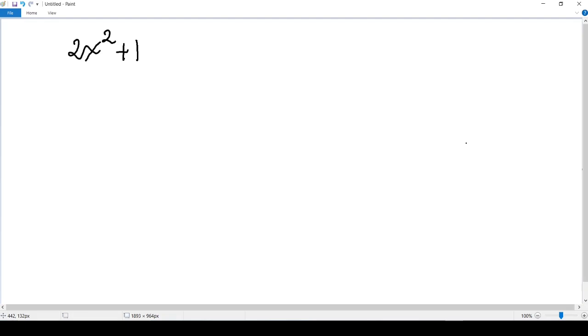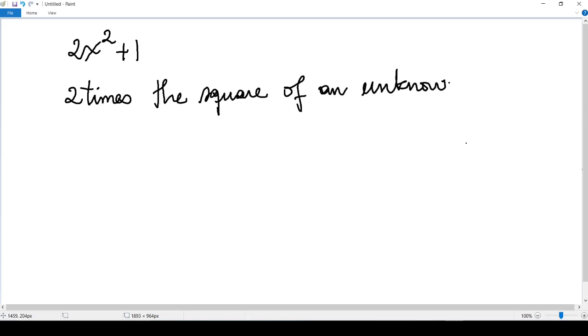We have one variable, which is x, right? And that's our unknown number. We have three operations. We have power, we have multiplication, and we have addition. So we can rephrase it as 2 times the square of an unknown number increased by 1.